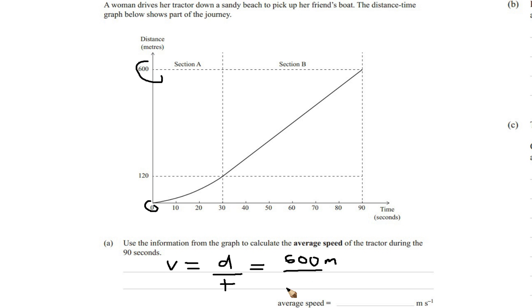And so put in meters there. And we've got 90 seconds. So 600 divided by 90 seconds there.